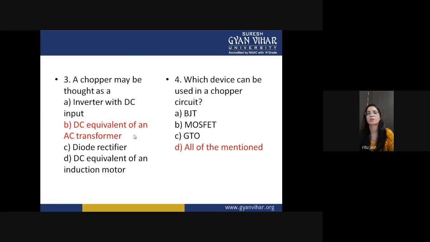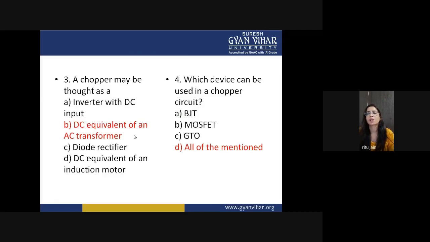So a chopper always behaves like an AC transformer, because a transformer also converts your input voltage to step up or step down your AC voltages. Like this, a chopper is also used to step up or step down your DC voltage.